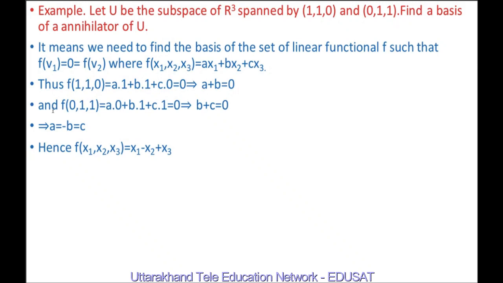And f(0, 1, 1) means a into 0, b into 1, c into 1 equal to 0. It means b plus c equal to 0. This implies a equal to minus b equal to c. Hence f of x1, x2, x3 is equal to x1 minus x2 plus x3.